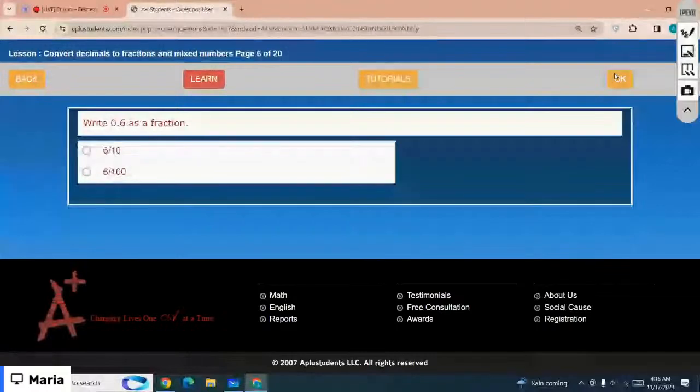Okay, write 0.6 as a fraction. So how do you write? So the correct option is yes, that is 6 over 10.